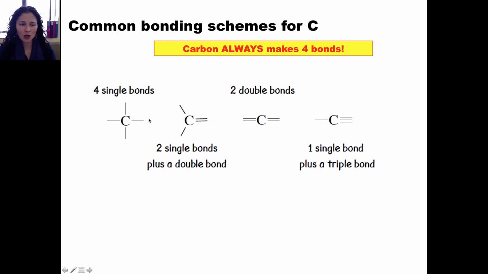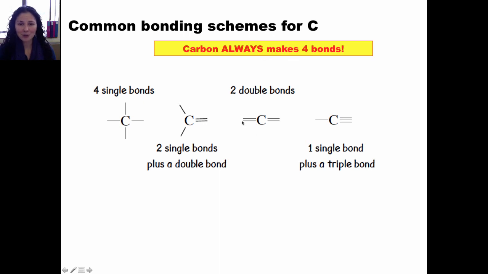And these pictures are kind of a shortcut. You can imagine that there would be an element at the end of each one of these bonds, but I'm not showing those elements, I'm just showing the bonds. So imagine that there's something else at the end. So carbon can have 4 single bonds like shown here. And another way that carbon can have 4 bonds is by having 1 double bond and 2 single bonds.